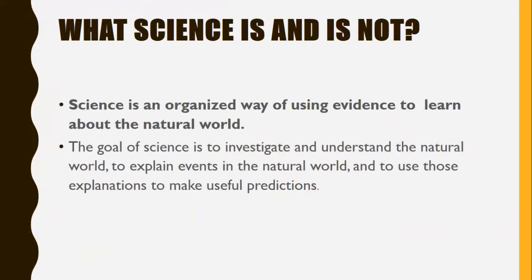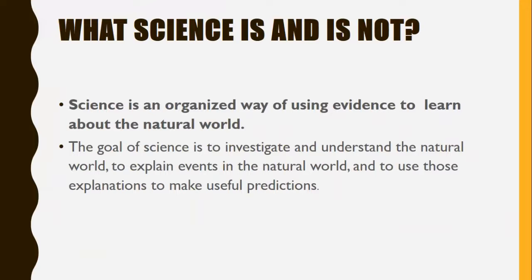So what is science? Science is a way of using evidence to learn about the natural world around us. That's how we learned almost everything in science. Someone saw something happen, they thought about it, experimented on it, had results, and did this multiple times.